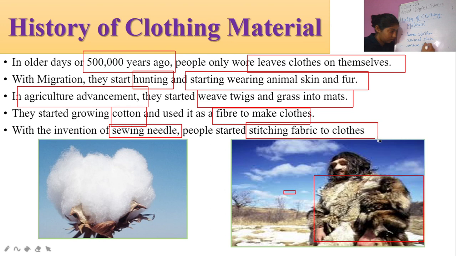Okay, now students, you have to list the clothes from your daily life that you wear unstitched, as full fabric. You are not stitching it, you are not using any needle or thread.